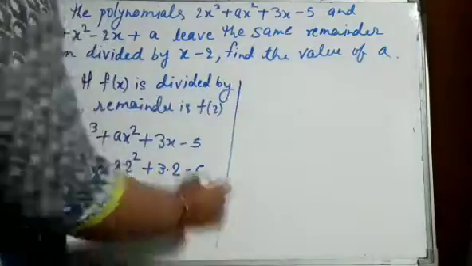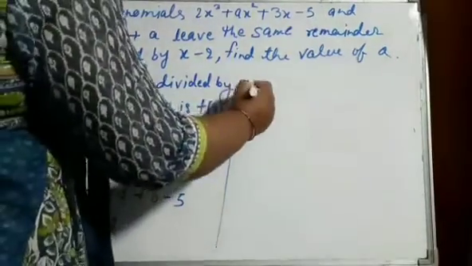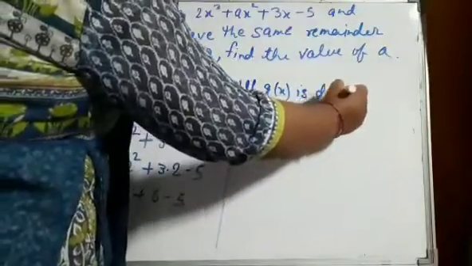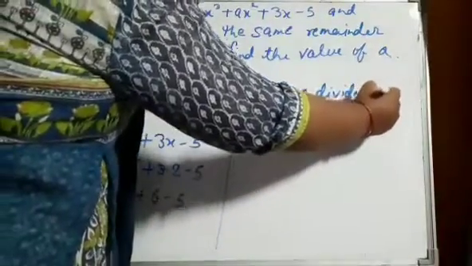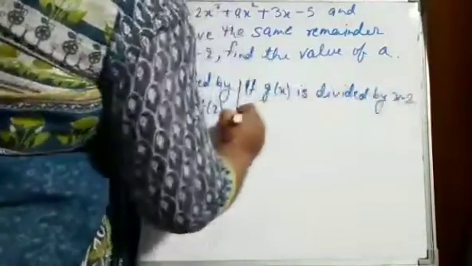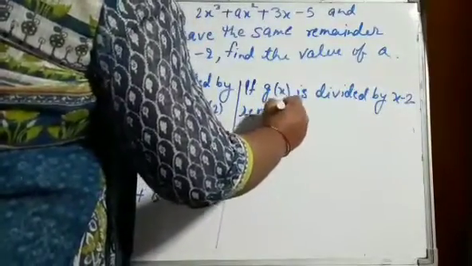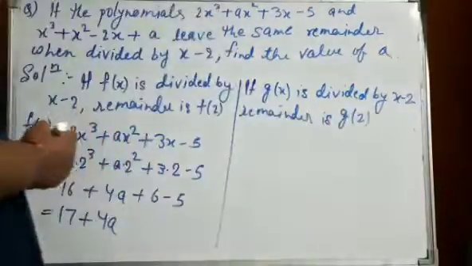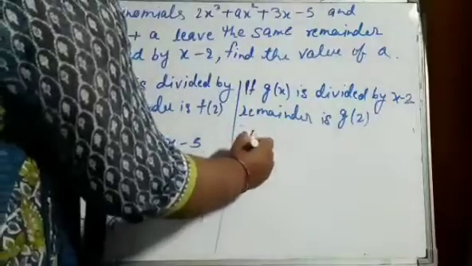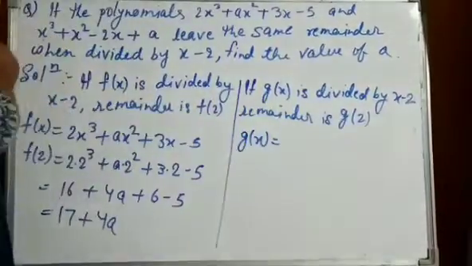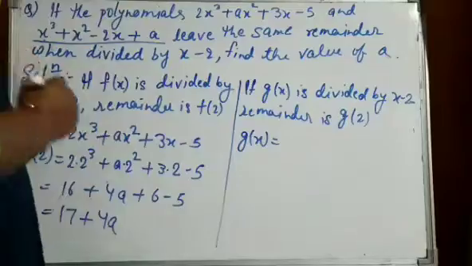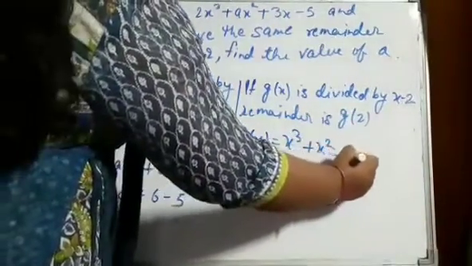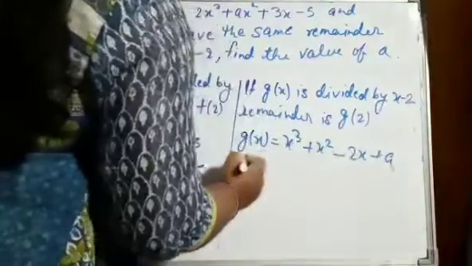Now, the second part. If g of x is divided by x minus 2, the remainder should be g of 2. Now calculate g of 2. G of x is this whole polynomial, so we write the same: x cube plus x square minus 2x plus a.